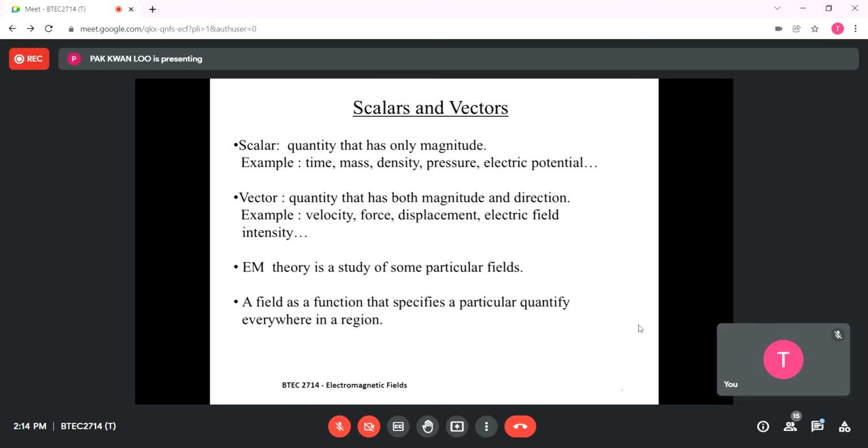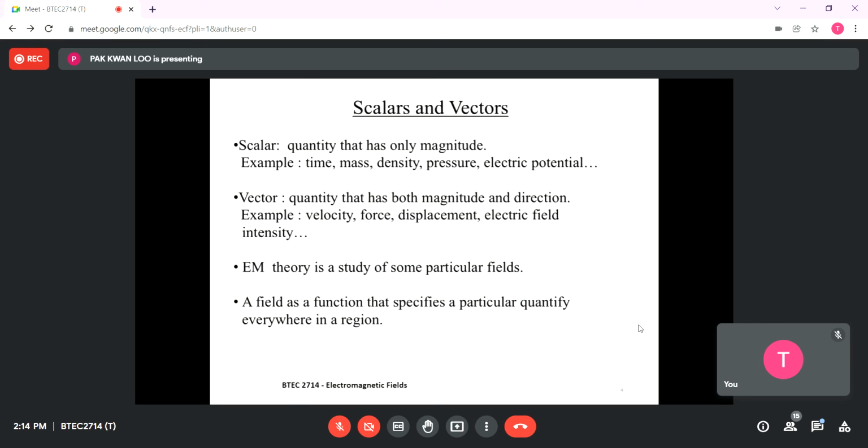Vectors have both magnitude and direction. For example, scalar quantities are like temperature, mass, pressure. They do not have any direction.